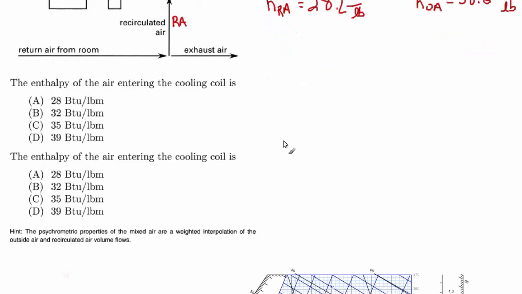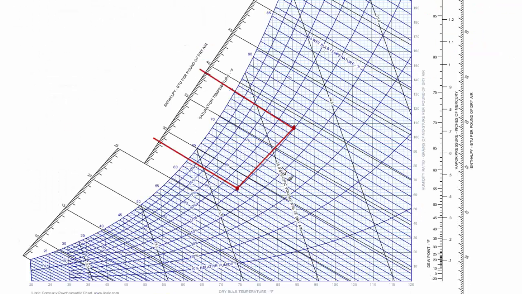Now we could eyeball this. We know there's more return air than outside air, so it's going to be about a third of the way up this line. Maybe that's about right here. I haven't measured it. You can do this with a ruler, and then you'll come out here. It looks like about 32, but I kind of cheated. I looked at the answer.